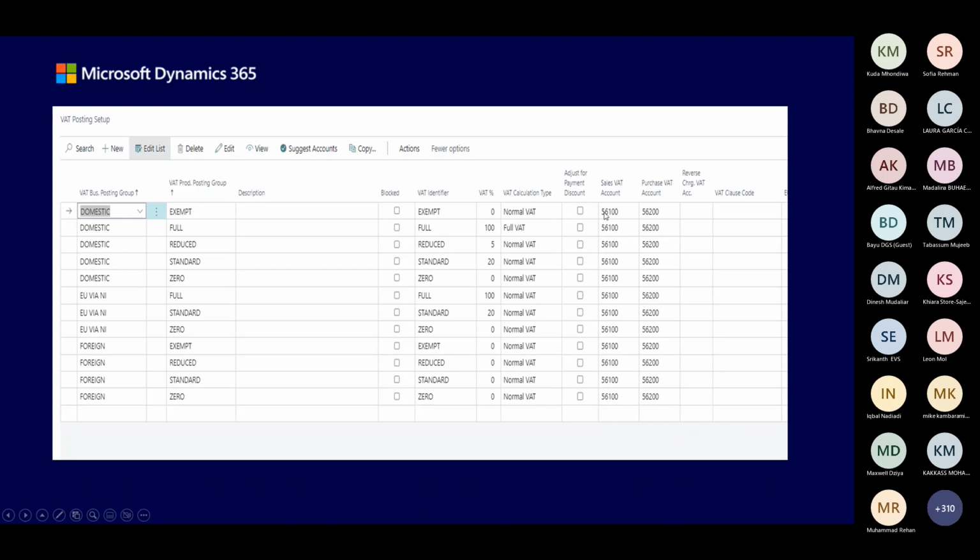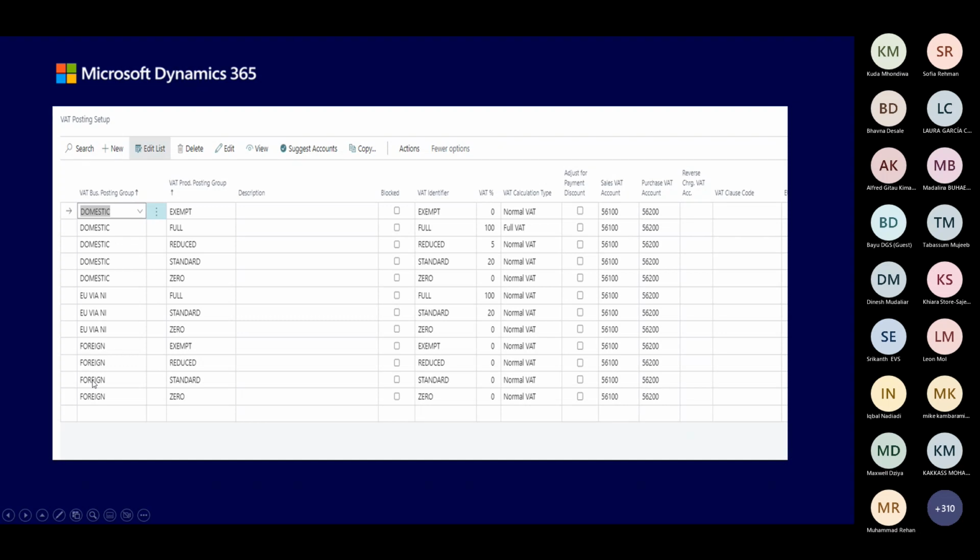But this time, besides the accounts it maps to, it also calculates the VAT for you. Notice here I've set up domestic standard. Here it's calculating 20%. By the way, for those of you who are overseas, I'm in the UK, so I'm demonstrating the UK localized version.